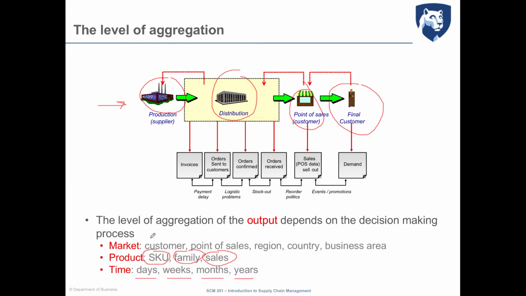According to this choice, the level of aggregation of our demand management process, and so the scope of our demand management process, can be more or less aggregated.